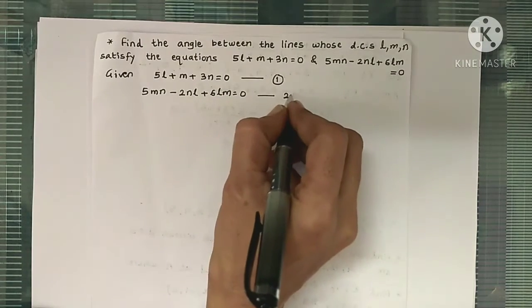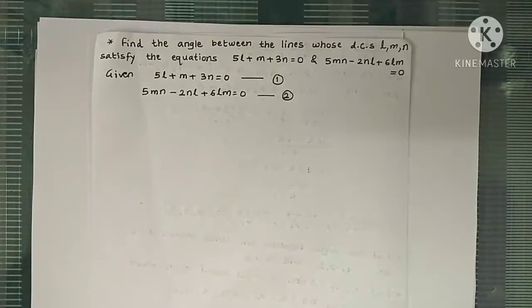Now we have two equations, but the unknowns are 3 in number: l, m and n. So we don't have a unique solution. If we have 3 different equations and 3 unknowns, then we can find the unique values. But here we have only 2 equations and 3 unknowns.